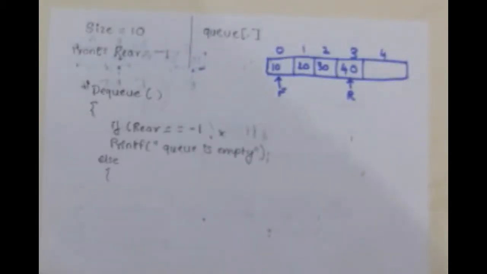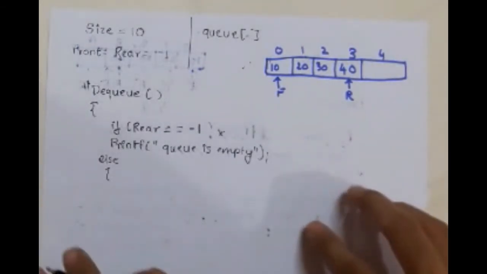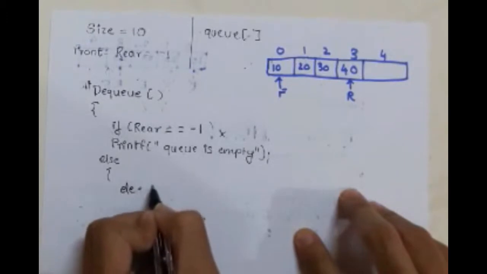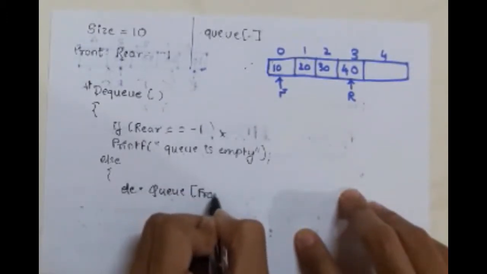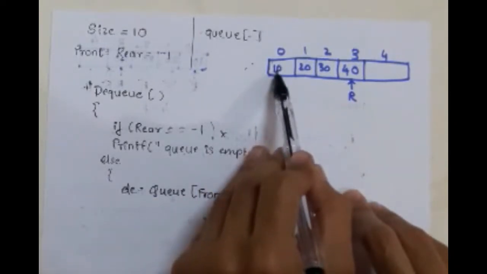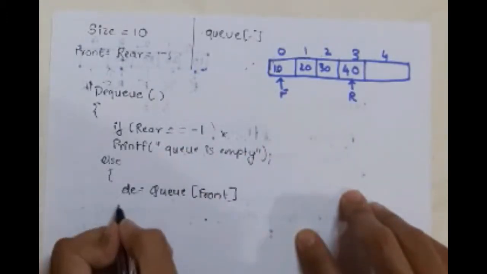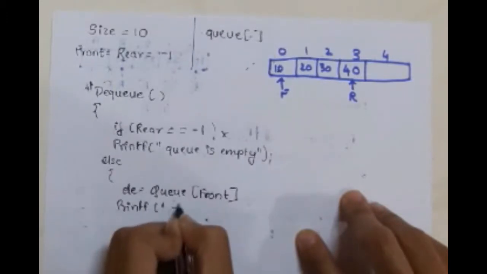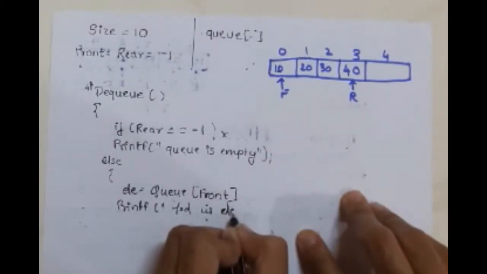After this, if this condition is not true, then it will enter into the else part. In the else part, we will delete that element to which the front is pointing. So element is equal to Q of front. For instance, now front is pointing to 10, so 10 will be deleted from the Q. So we just print with printf, element is deleted.